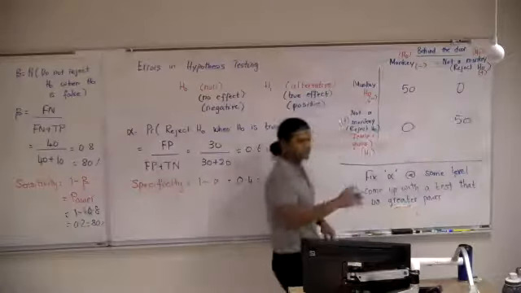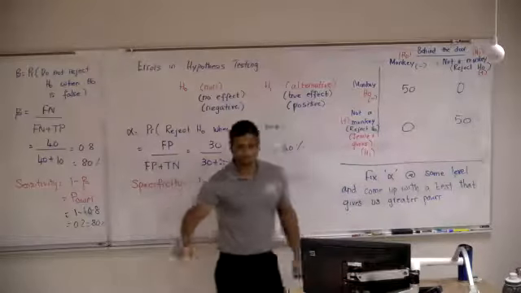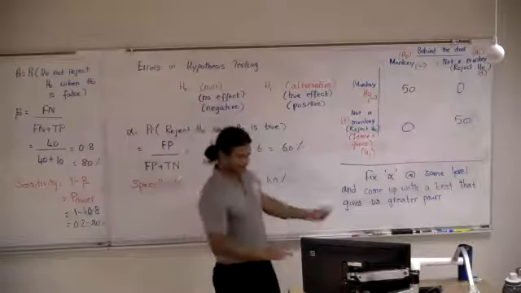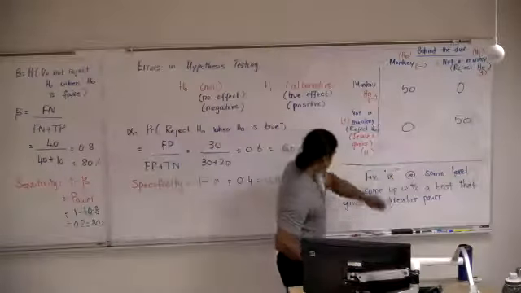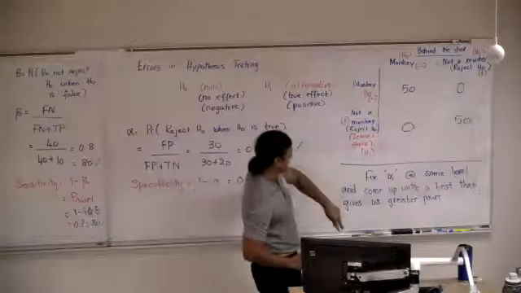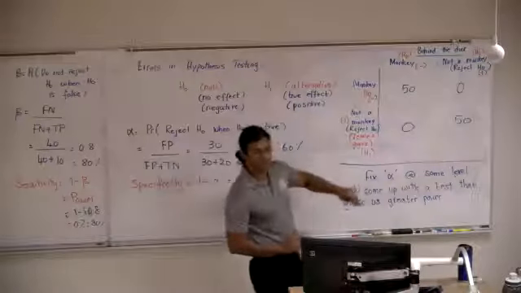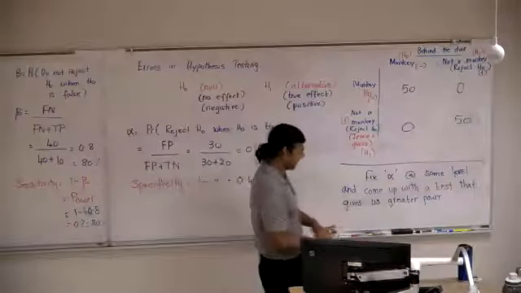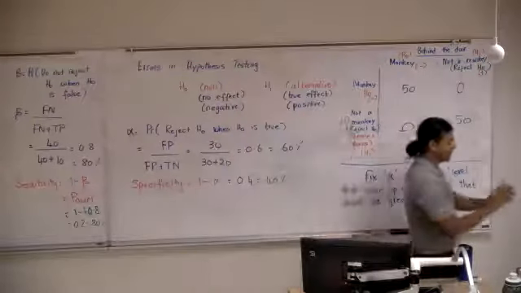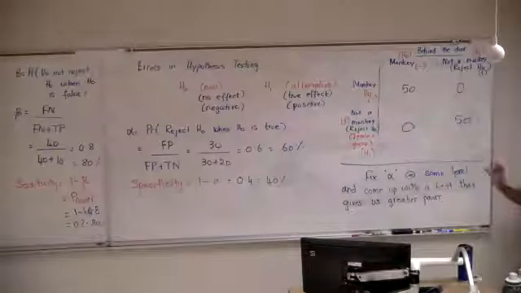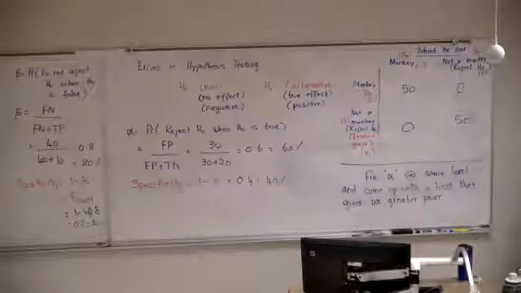In other words, you are maximizing power. Good. So can you see? We fix the alpha at some level and come up with a test that gives us greater power. We want to maximize the power. If we could do that, then we have a good statistical test at our disposal.